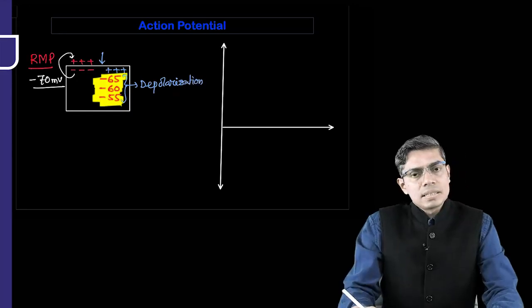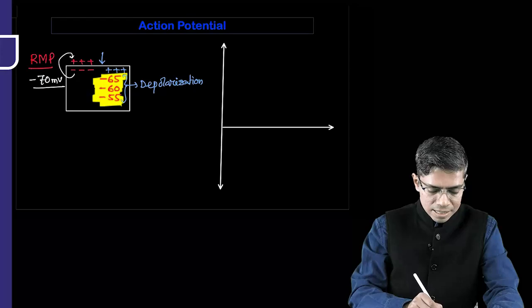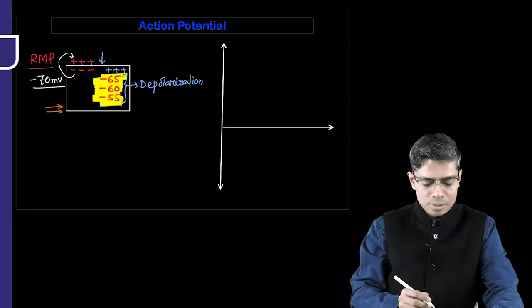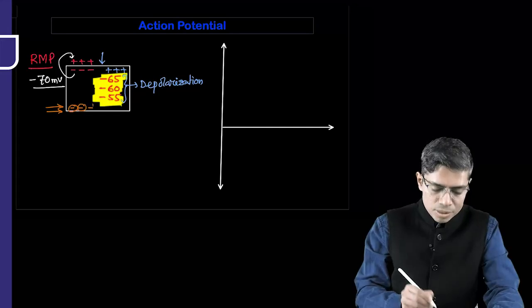Now, rather than stimulation, suppose the cell is getting inhibition, any form of inhibitory stimulus. The interior of the cell will be more and more negative with respect to RMP.